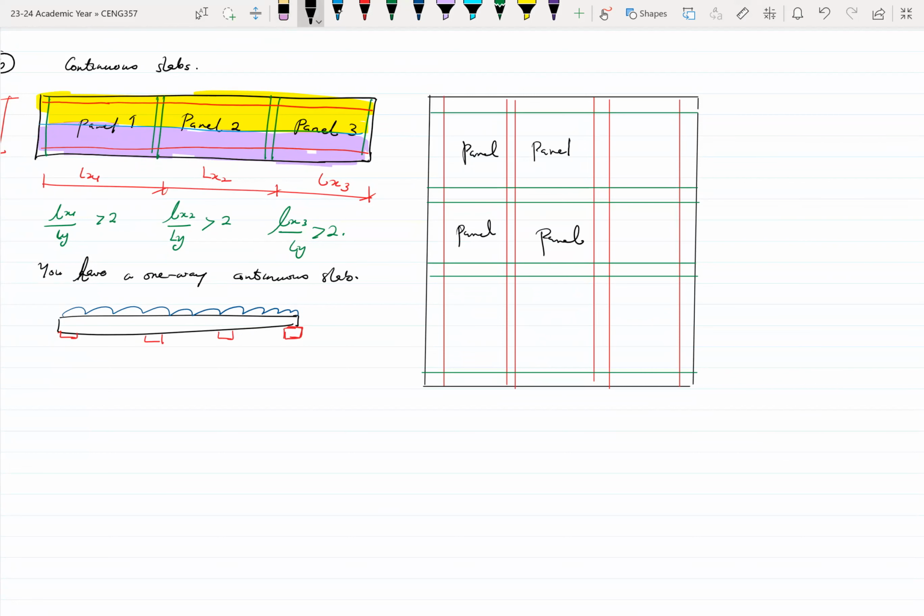An entire set of panels along one length is called a beam. So this entire zone here is what we'll call a beam. Okay. So sometimes you can have a series of slabs with a panel system, and then you see these black lines drawn like that.